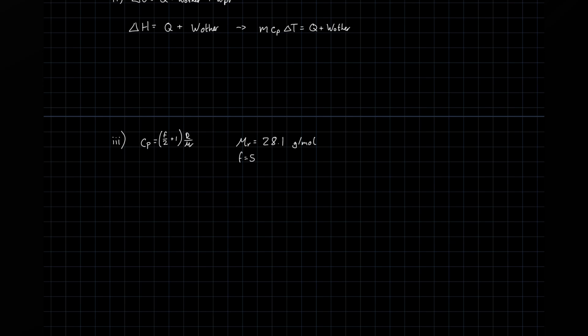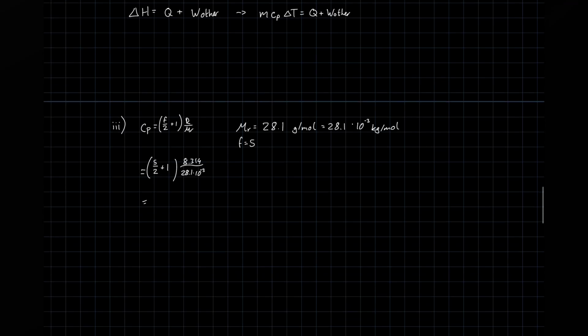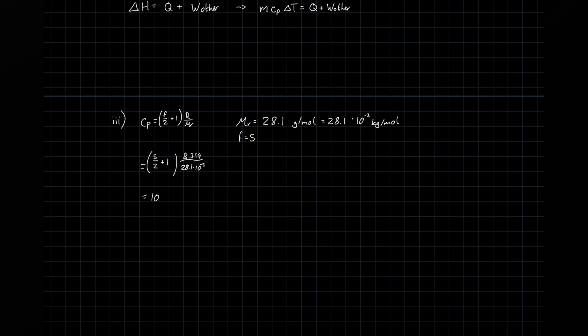So that's why I've written 28.1 grams per mole, which is 28.1 times 10 to the minus 3 kilograms per mole. Okay, so now we can calculate Cp. So Cp will be 5 over 2 plus 1 times 8.314 divided by 28.1 times 10 to the minus 3, which gives you 1035.6 kilojoules per kilogram Kelvin.